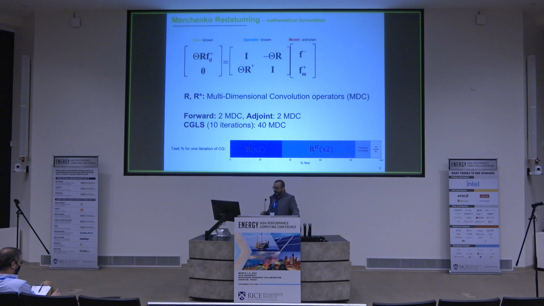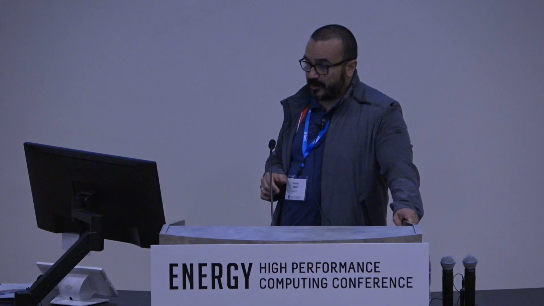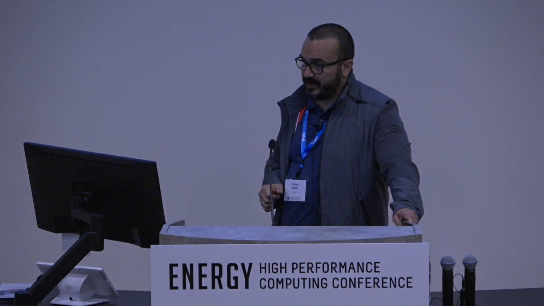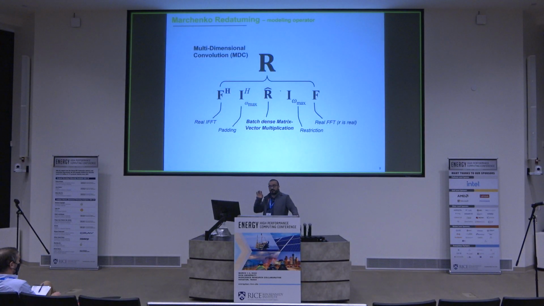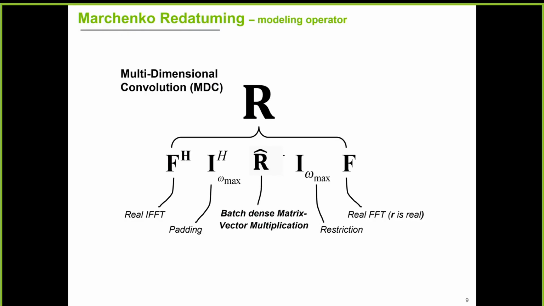So all in all, there is the profiling at the bottom right. We spend mostly 80% of the operation involving this MDC operator on R. Out of this 80%, when we look at the operation we actually perform on R, there is some fast Fourier transform, some padding, and the most critical one in the middle is this batch dense matrix vector multiplication.